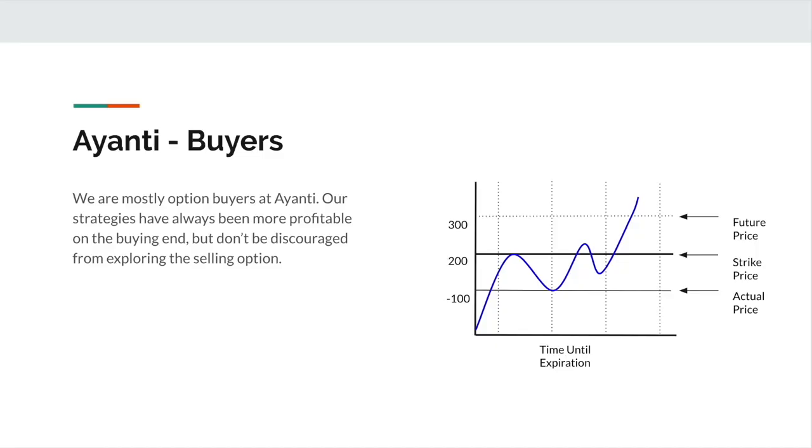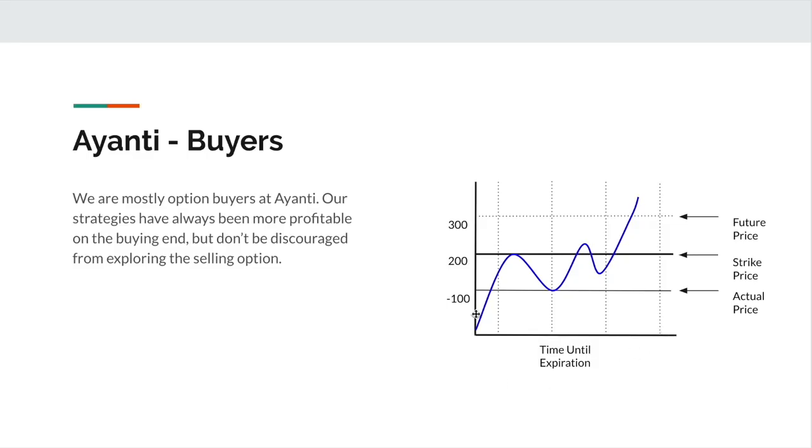But there is always one thing that's working against us as buyers, and that is time. There's a huge difference between trading stocks and trading options. Options move very quickly. Options also have an expiration period. Every day that we move towards that expiration period, the option contract gets less and less valuable.